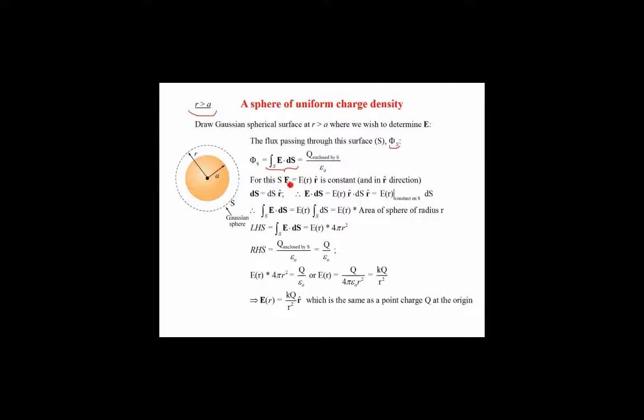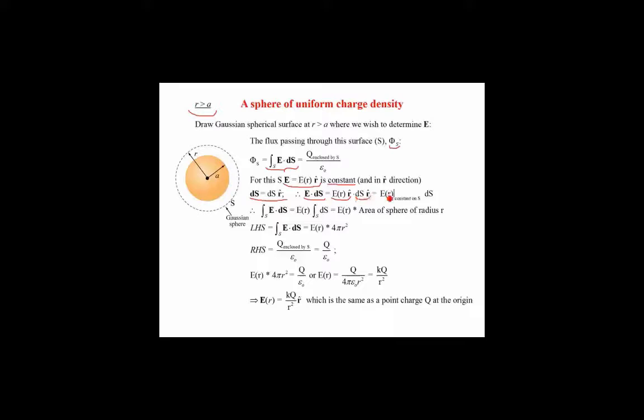For this S, our symmetry arguments allow us to write that E is equal to E sub r, r hat. For a given r, it's constant, and it's in the r hat direction. What about ds? Well, ds will be some area ds, a scalar, times r hat. When we write E dot ds, we put in our E and our ds vector, and we've got r hat dot r hat, which is equal to 1.